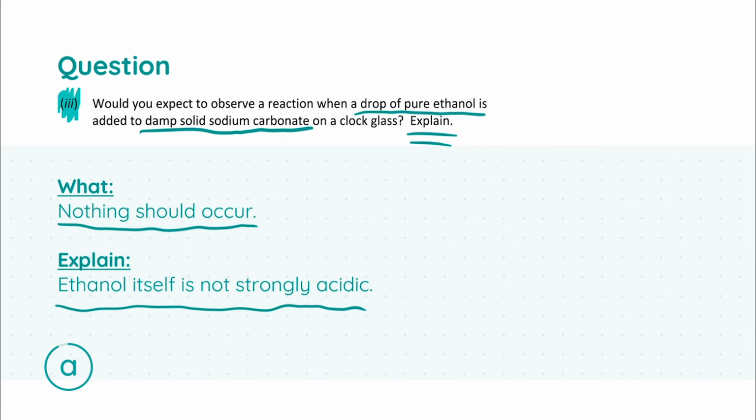So that's what was required here to get the full marks. There's 6 marks going in total for this question, and you got 3 marks for getting each of the parts right, the what, and also the explanation behind it. Now, you can't get the 3 marks for the explanation if you didn't correctly identify whether the reaction occurred or not. But if you got both of these correct, then you'd get your full 6 marks.